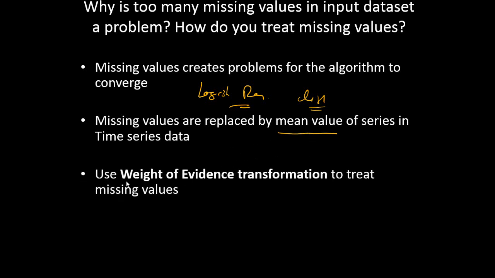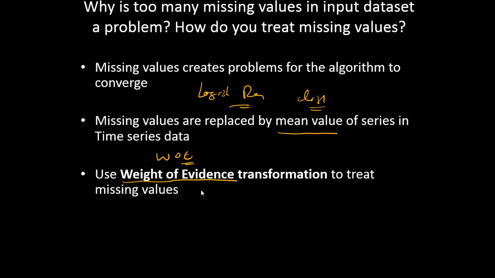One very well-known technique used in industry is the weight of evidence, or in short, WOE. So the WOE method of transforming your variables into WOE variables ensures that your missing values are taken care of.